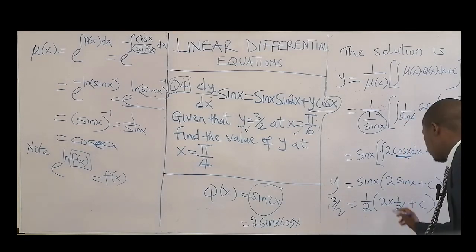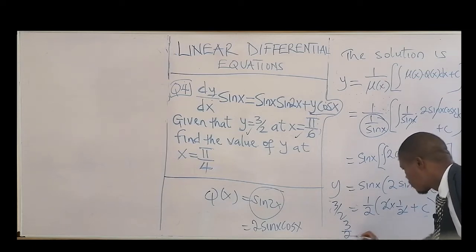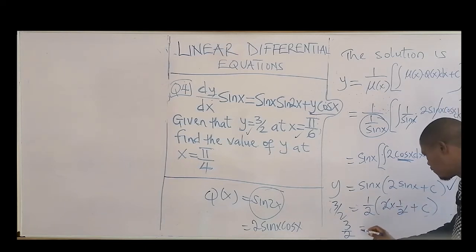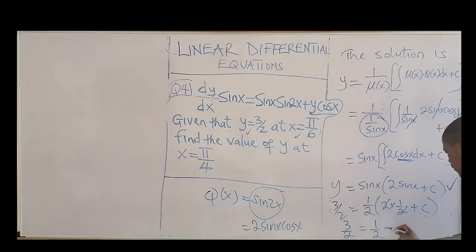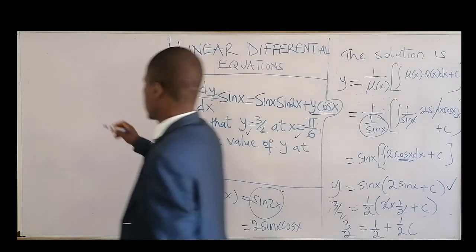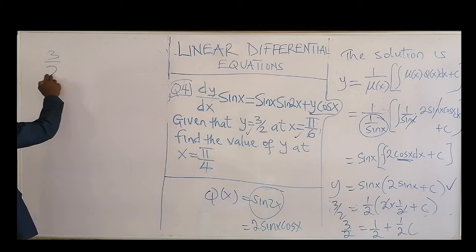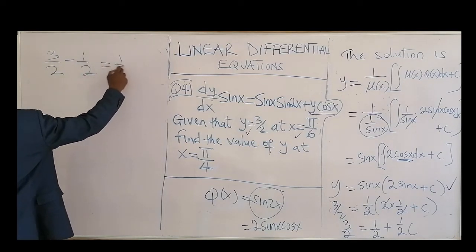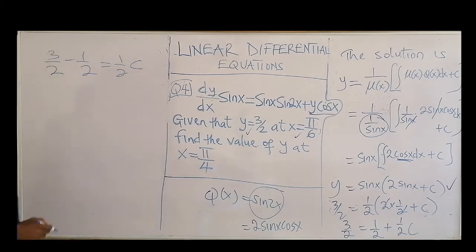So this one will cancel out, so that will be 3 over 2. Here, 2 and 2 has already cancelled out, so we have half times 1, that's half. Then plus half times this one, that's half c. So if you move this one to the other side, then we have 3 over 2 minus half equal to half c.